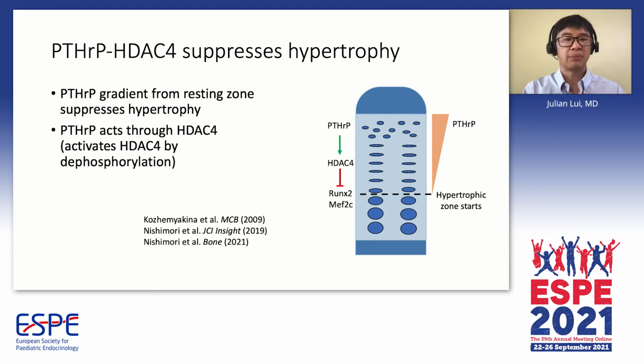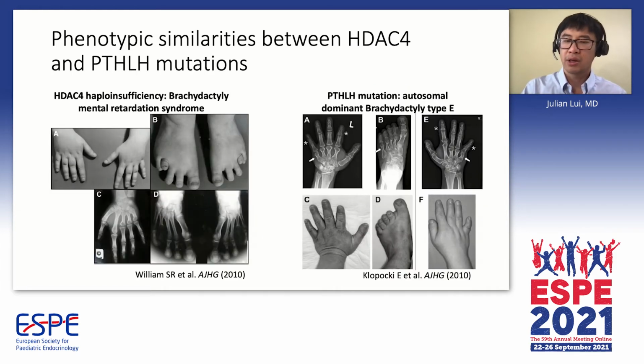And it turns out that this effect of PTHrP was mediated by dephosphorylating and therefore activating HDAC4 in the growth plate, which also helps explain why HDAC4 haploinsufficiency and PTHrP mutation in humans share a very similar skeletal phenotype.